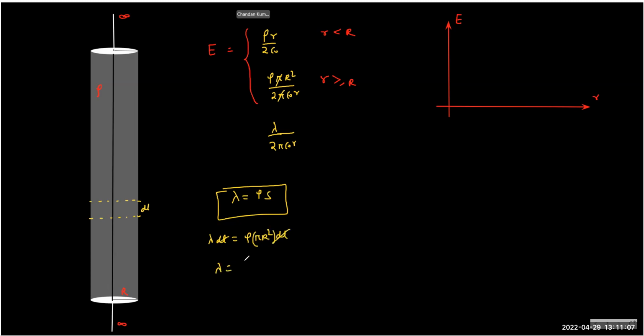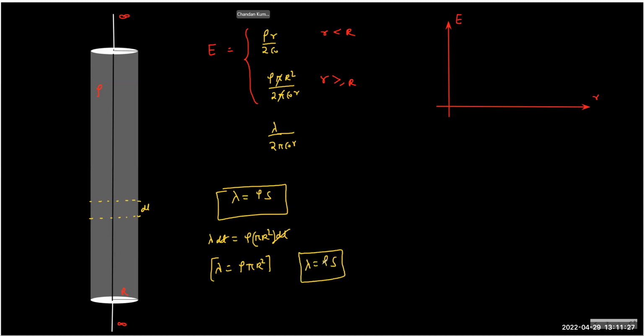So lambda is basically rho into cross section area. Understood? Yes, sir. So the reality is rho only, but we can express everything in terms of rho.